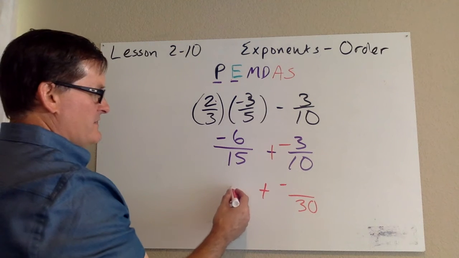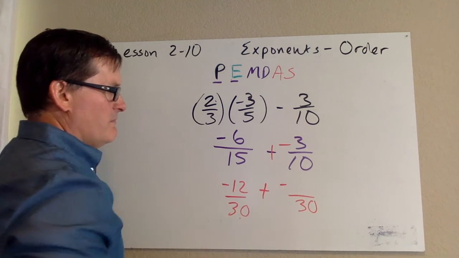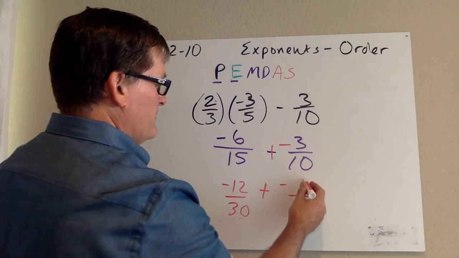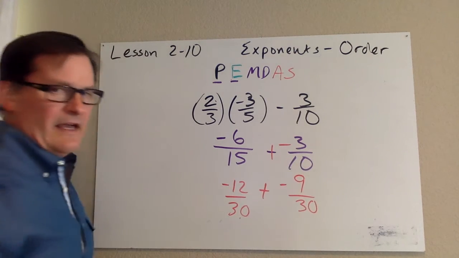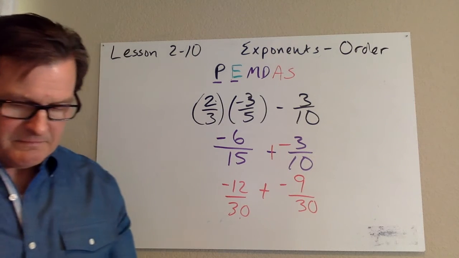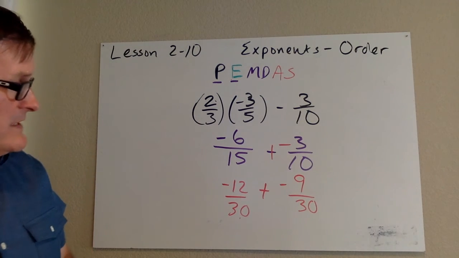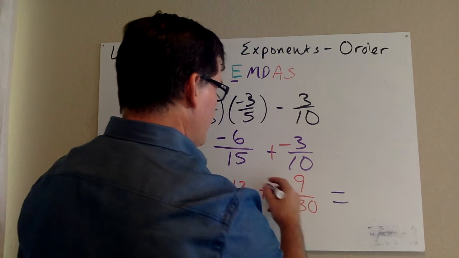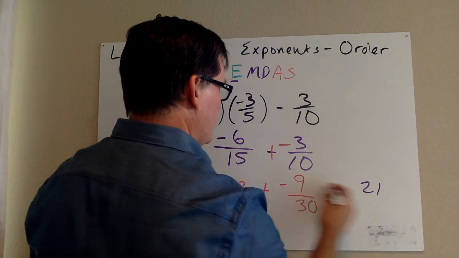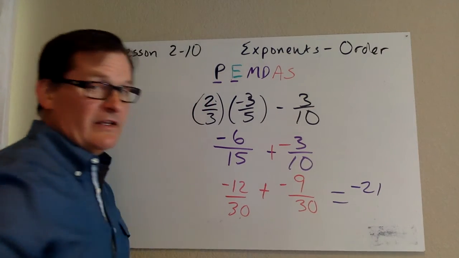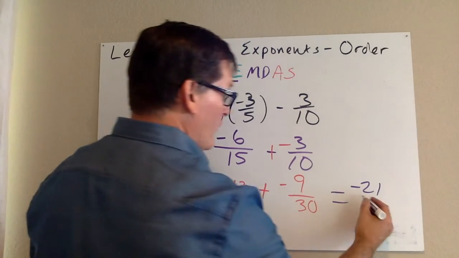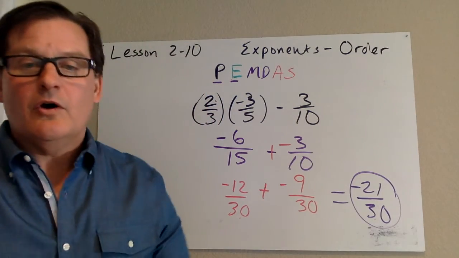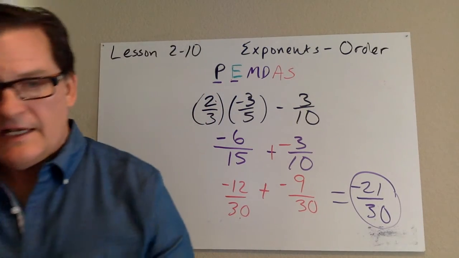So I got to multiply a negative 6 times 2, which gives me negative 12. 10 times 3 is 30, so I got to multiply negative 3 times 3, which gives me a negative 9. I already had the negative up there because I knew it was going to be negative. Now all that's left to do is add those numbers up. Since they're both negative, I add the absolute value, which is 21. They're both negative, making the final answer negative 21 over, and we see the denominator doesn't change. Negative 21 over 30 is the answer.